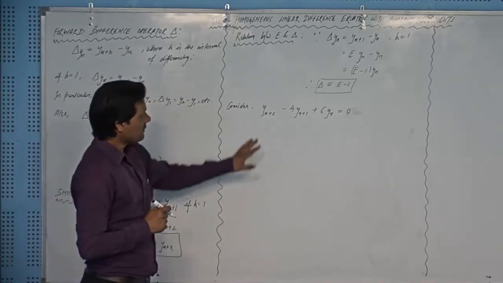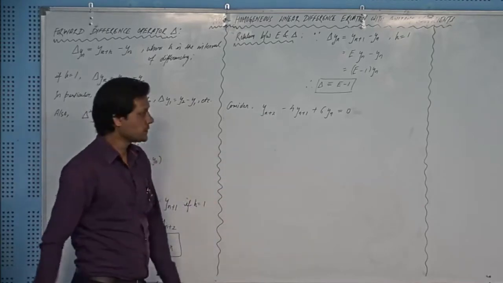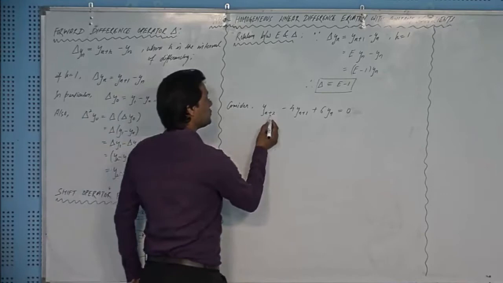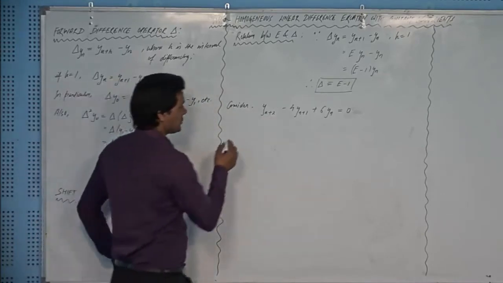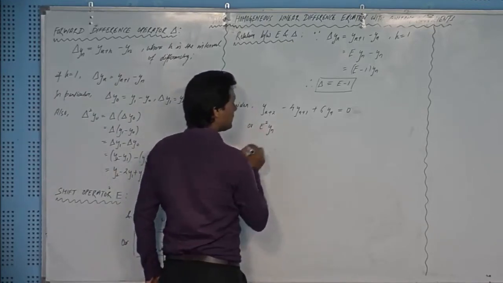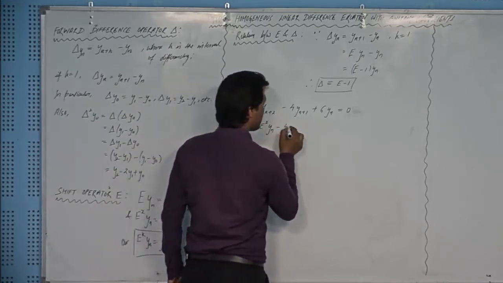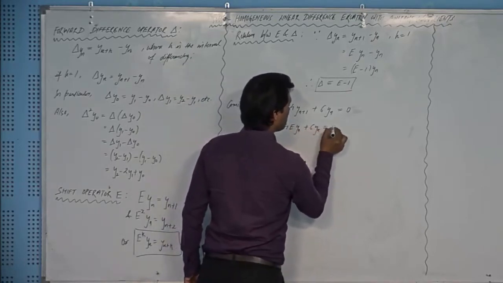And I will try to convert this equation into a new form. This yn plus 2 can be written in this way using this formula, so that will become E square yn, and this can be written as minus 4 E yn plus 6 yn equal to 0.